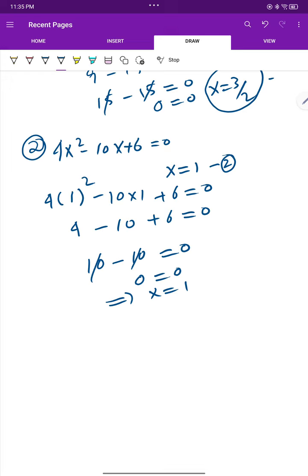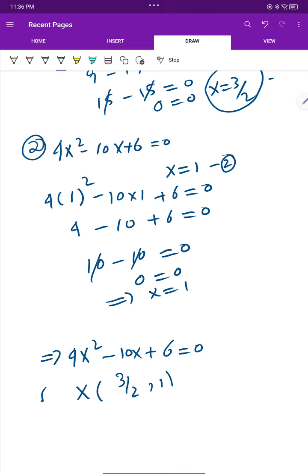So according to the quadratic equation, it must satisfy all the values of the variable. Therefore 4x square minus 10x plus 6 is equal to 0, and both values of x, the first one 3 by 2 and 1, satisfy it, so it's true.